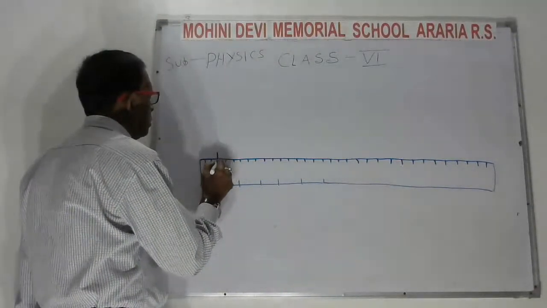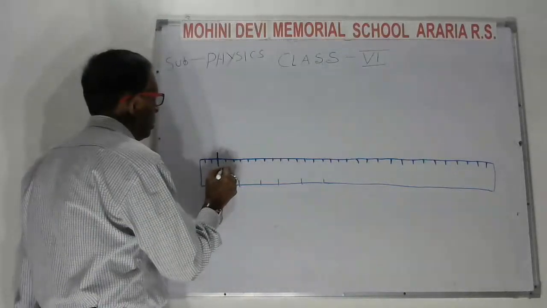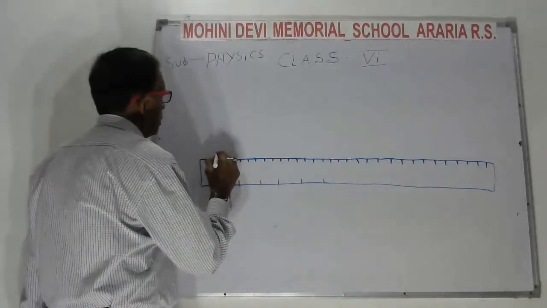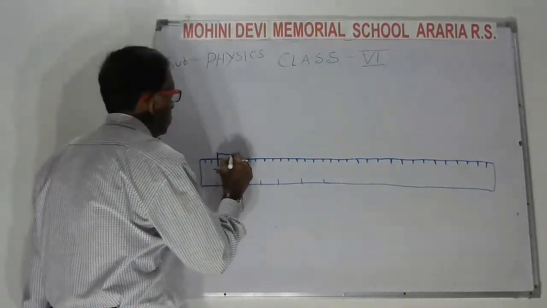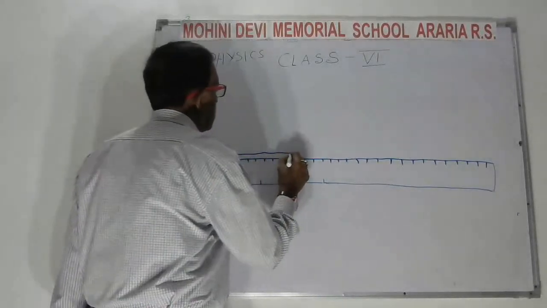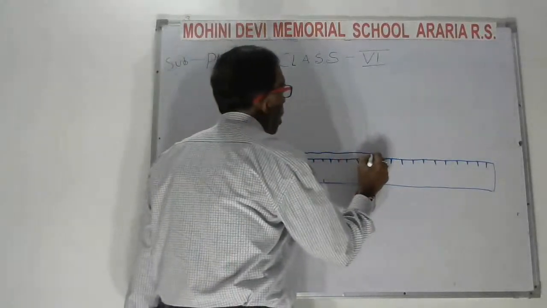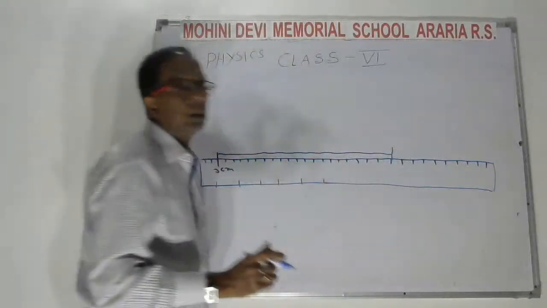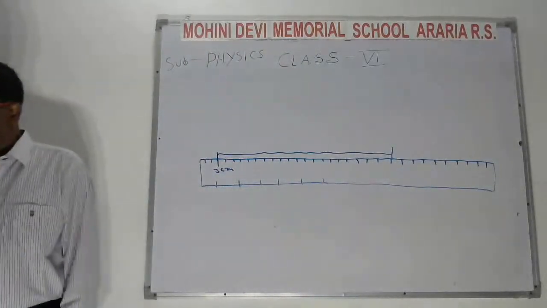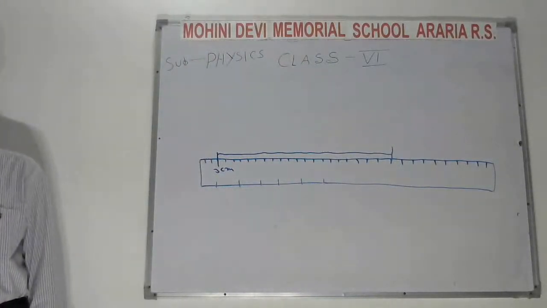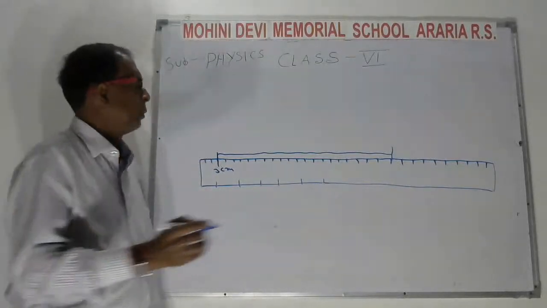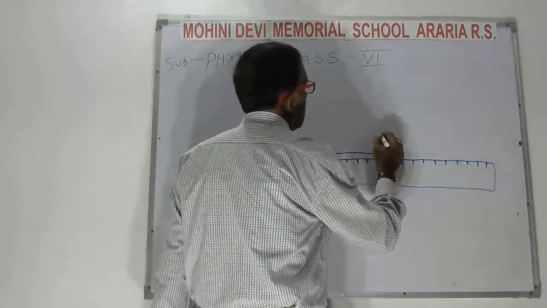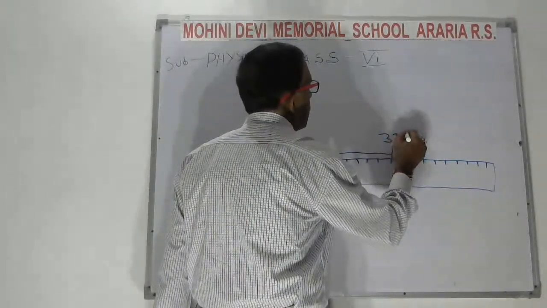The reading is 3 centimeter here, and the thread you have put like this, and the other end is here, where the reading of the scale is 33.1 centimeter.